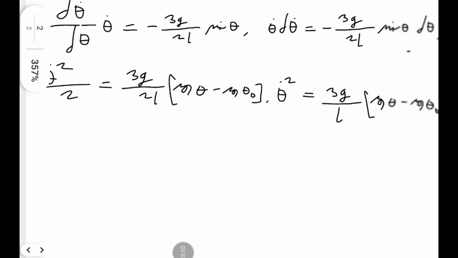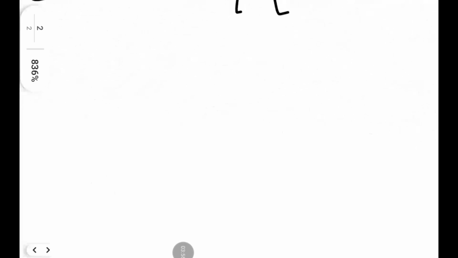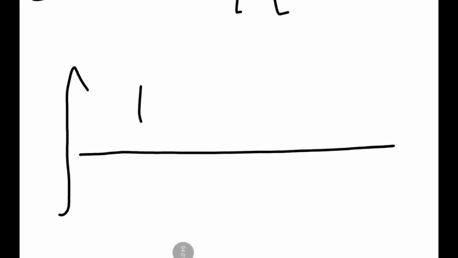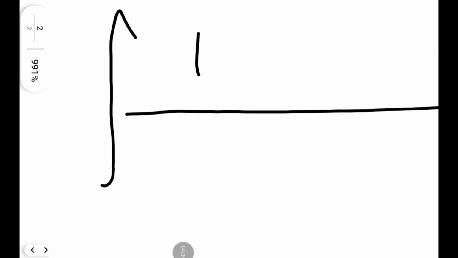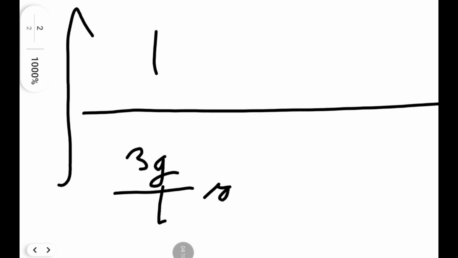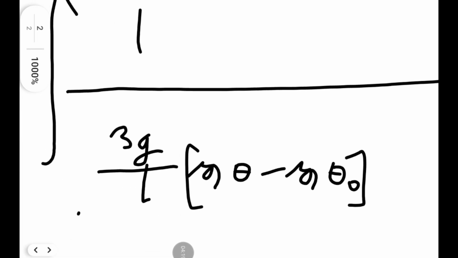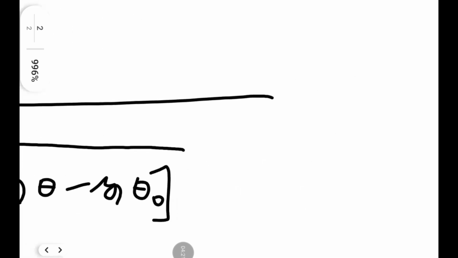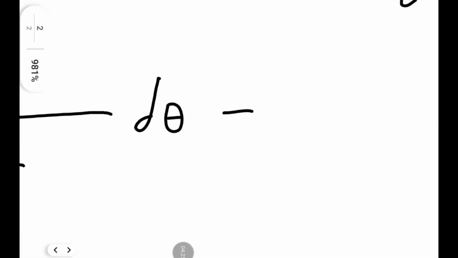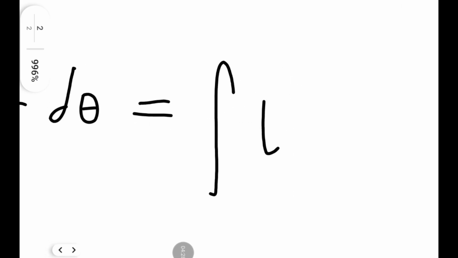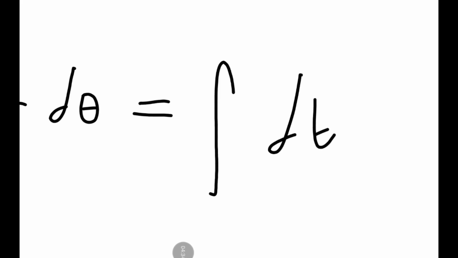Let me write it out first. It would be the integral of 1 over the square root of 3g over L times cosine of theta minus cosine of theta 0, the initial angle, d theta, which is equal to the integral of dt, which we know is just 1 in there.